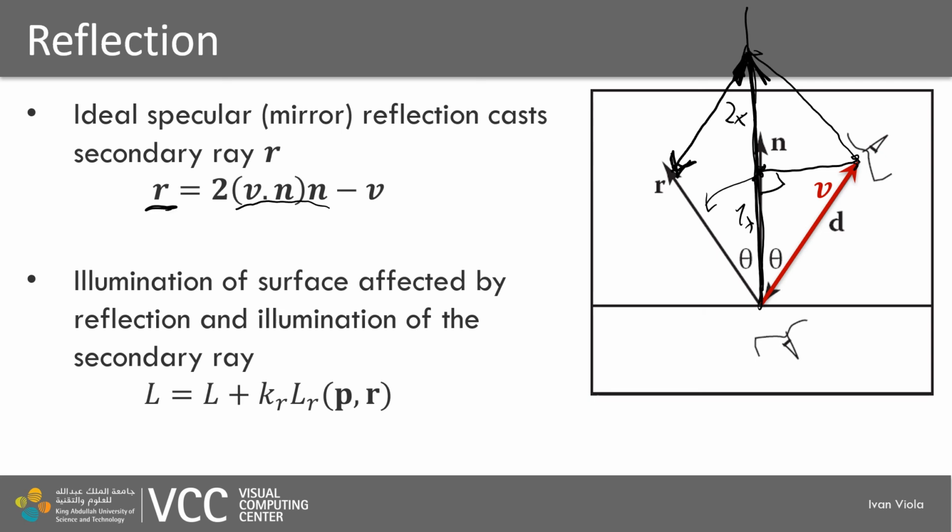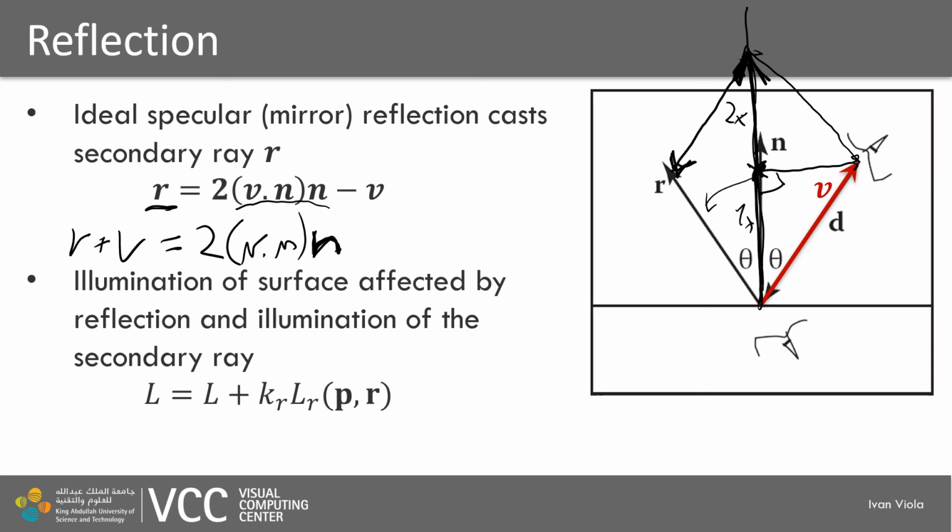So once again, I want to reflect against the normal. I first project my view vector onto the normal, then I double its length, because R plus V will be equal to 2 times the scalar product of V and the normal vector, times the unit size normal vector.